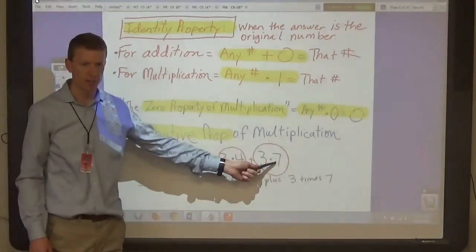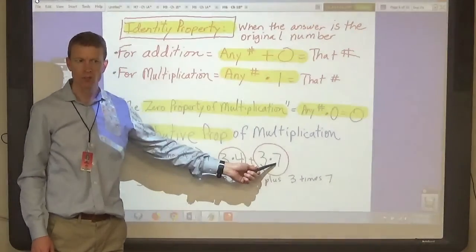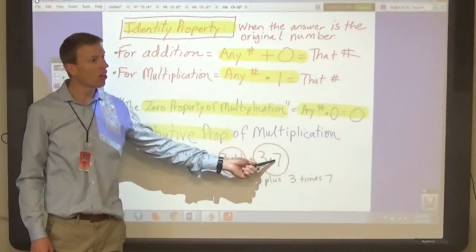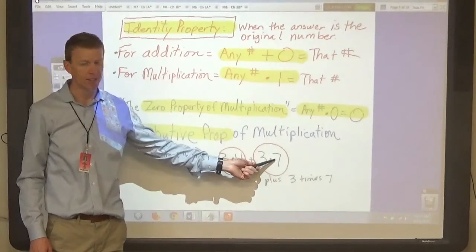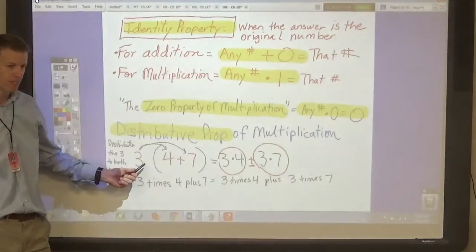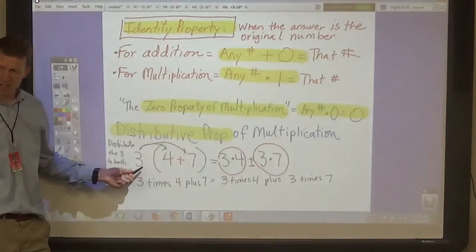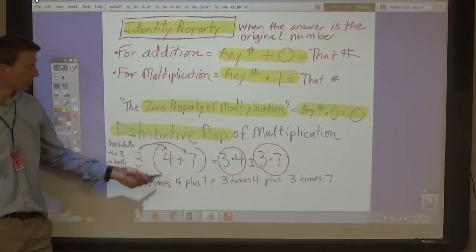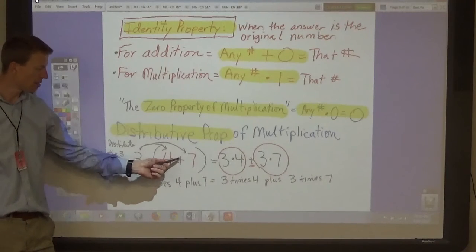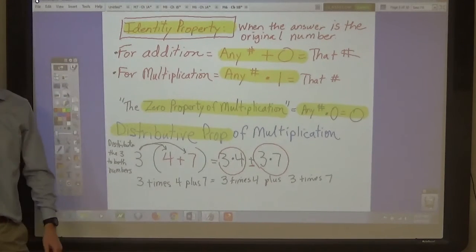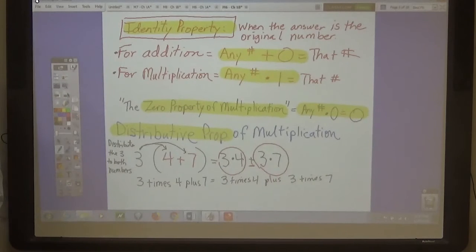What's 3 times 7? 21. 12 plus 21 is also 33. And that's what the distributive property tells us: that 33 is the same as 3 times 4 plus 7, or 3 times 4 plus 3 times 7. And it works. It's a math rule. Okay?